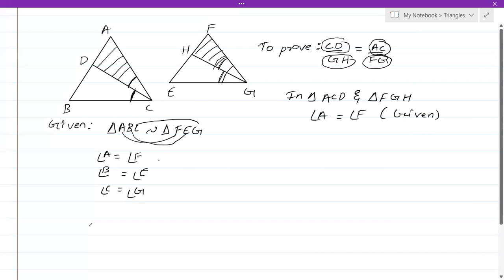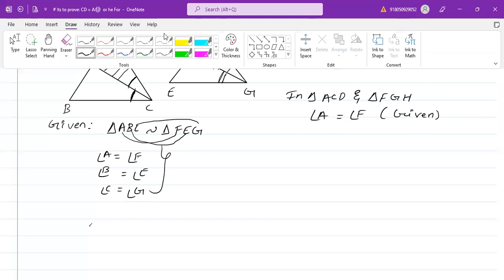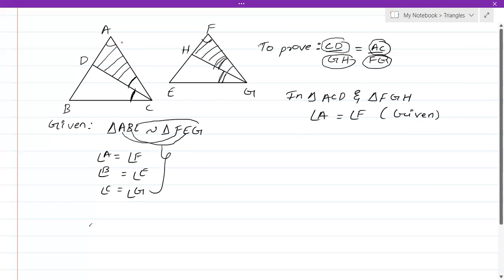From here, we can say angle A is equal to angle F. Let me take a different color for that. So angle A is this one, and angle F. These two are equal because the triangles were similar. So I am writing it.